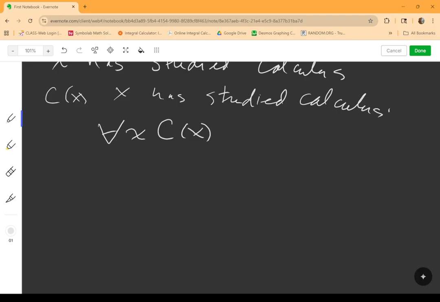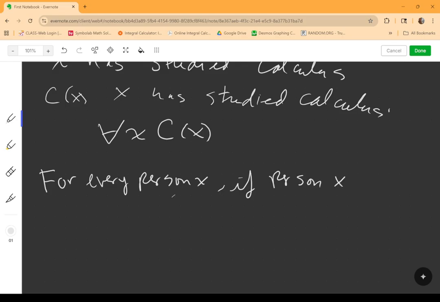We can expand by saying for every person x, if person x is in this class, then x has studied calculus.